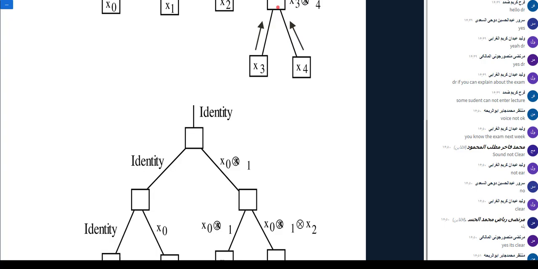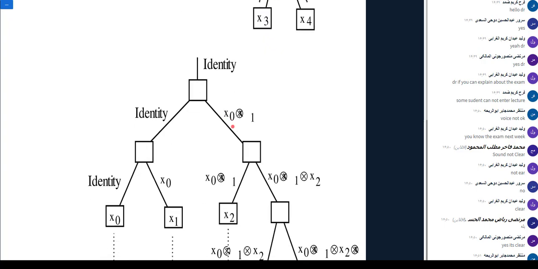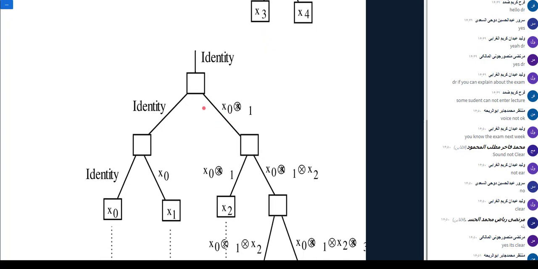Okay. We said that in downward, for each node, something is received from up, something is received from left, then the combination is delivered to the right.